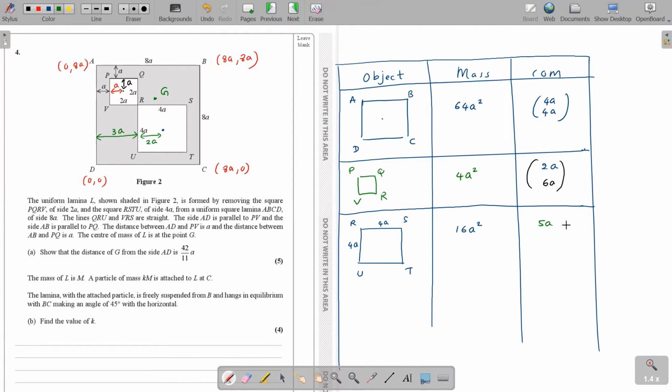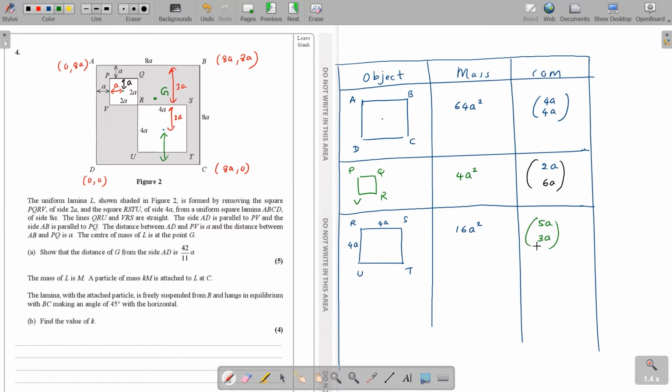The y distance: I'll get the distance from the top. From here to here is 1A plus 2A, 3A. And again, half of 4A is 2A. Basically, this whole distance is 5A, which means from 8A, when you subtract 5A, it's 3A.